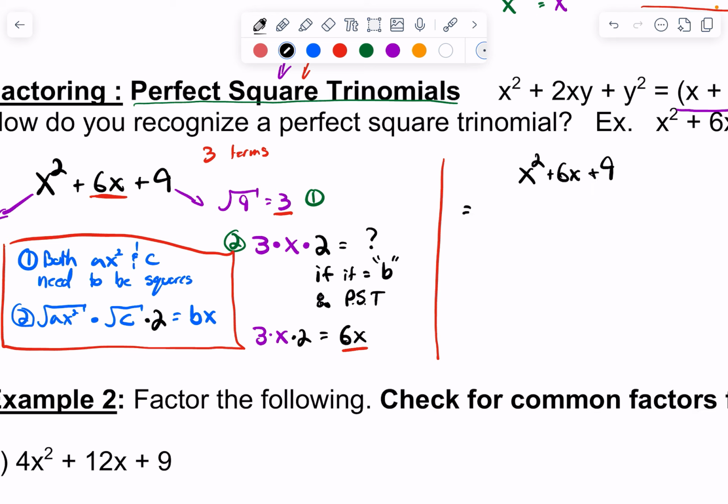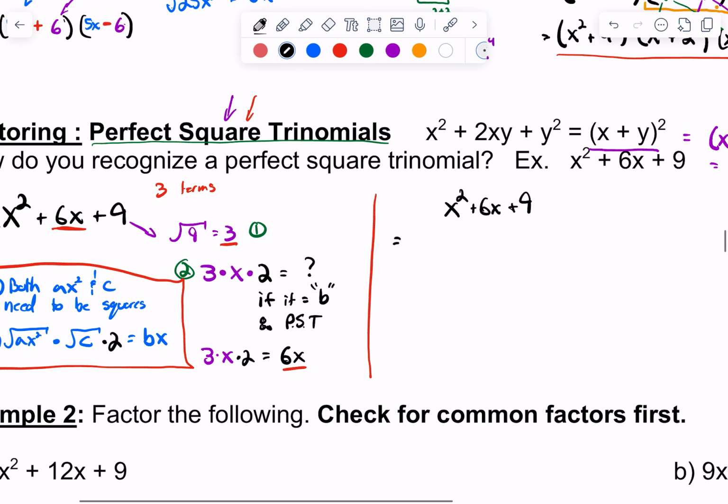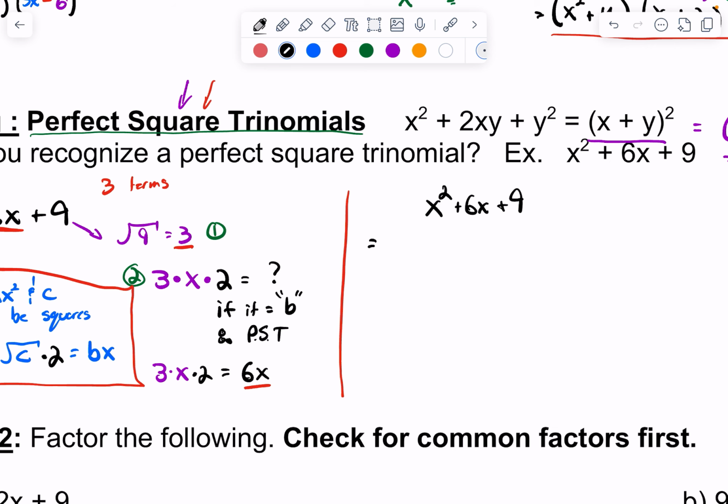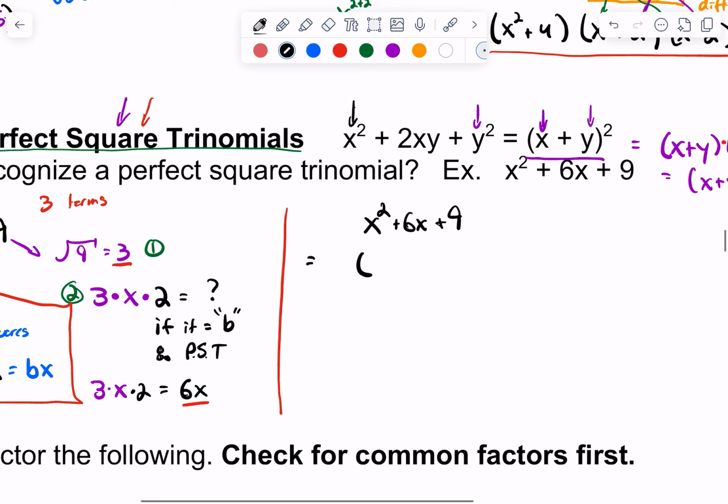So now, what does the formula say? Let's look right up here. Here is our x, here is our x in our answer. Here is the y, and here is the y. You have one bracket, because our final answer is one bracket of the square. I'll do this in different colors so it's easier to contrast. Your final answer is going to be a single bracket with a square.